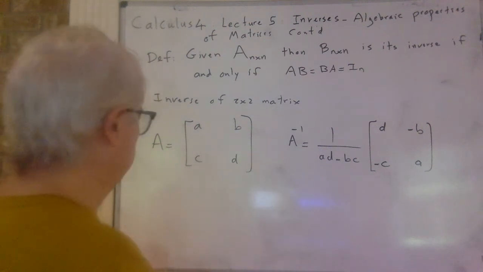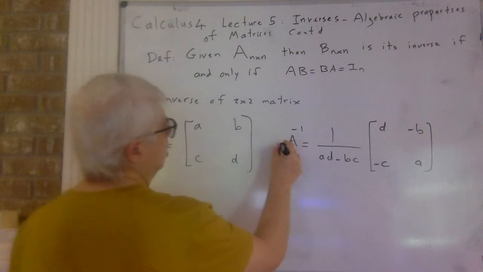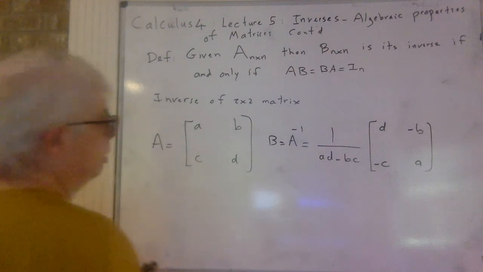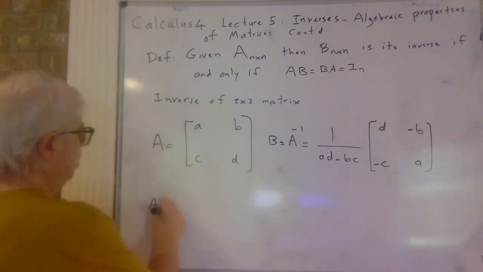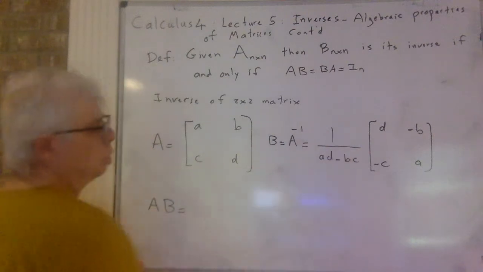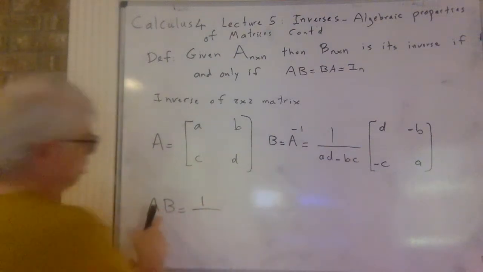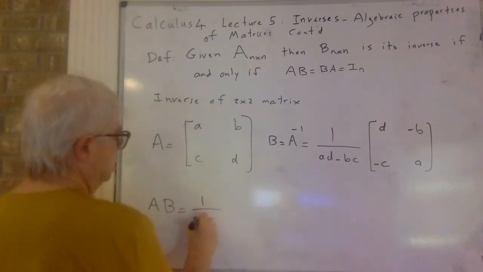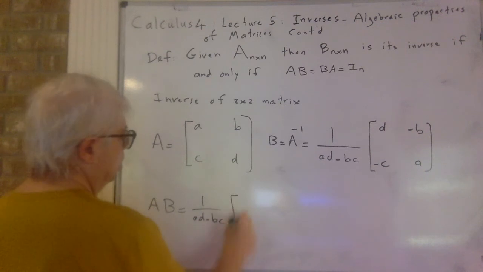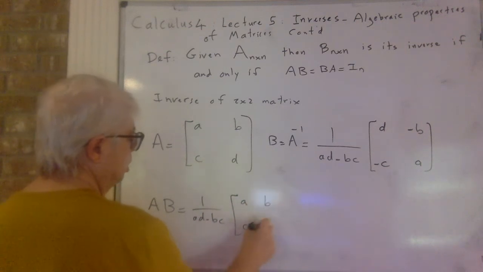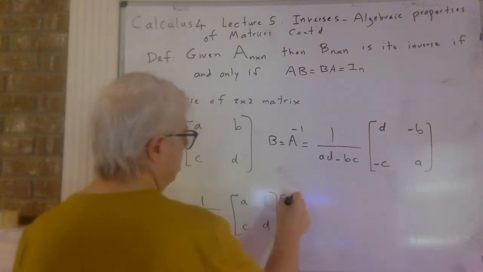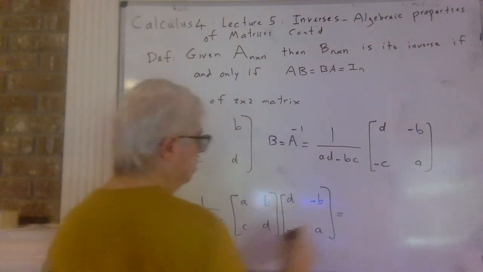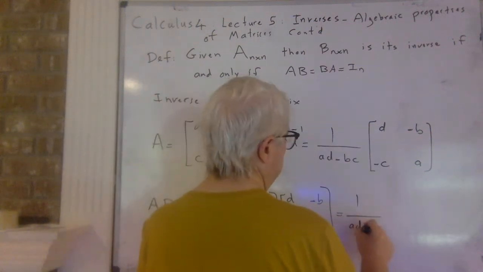so let me check and see. So this is B, the A inverse. Let's check and see if this really gives me the inverse. So A, B, but this is just a constant, so I just write the constant outside. Remember, if a matrix has a constant multiplied by it, you can write the constant outside. That's just a number. So let's multiply this by the other one, C, D, and D, minus B, minus C and A. So I have 1 over AD minus BC.